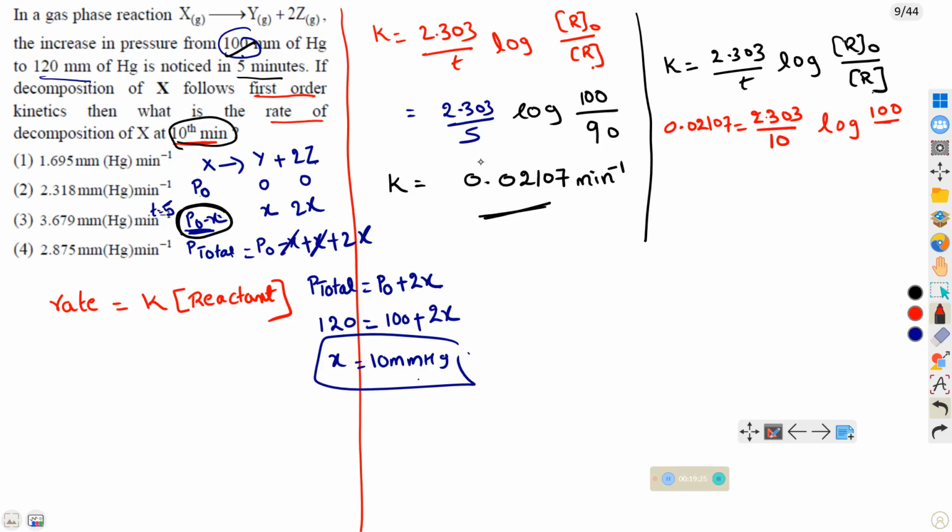At 10th minute, how much R we don't know. Calculate final concentration at 10th minute.